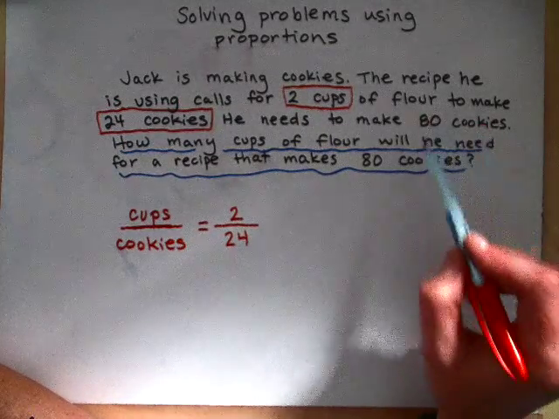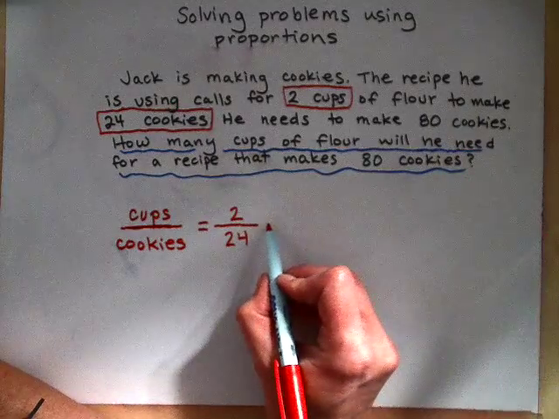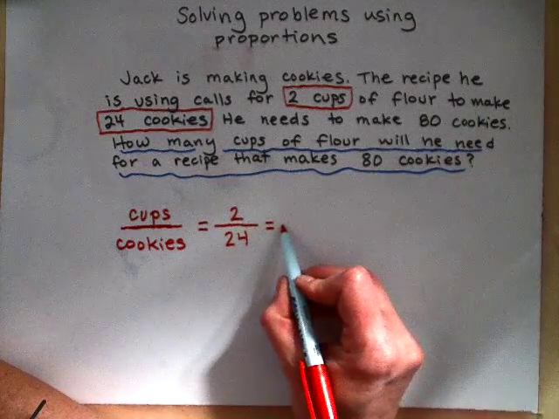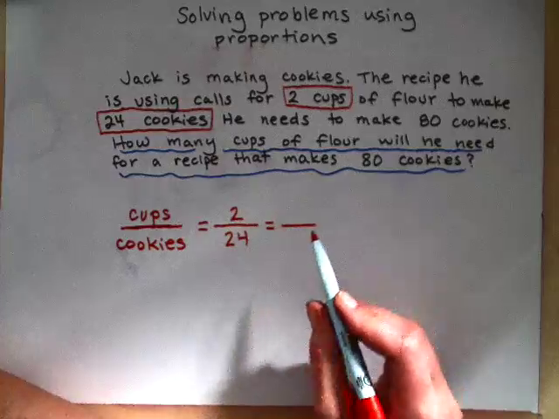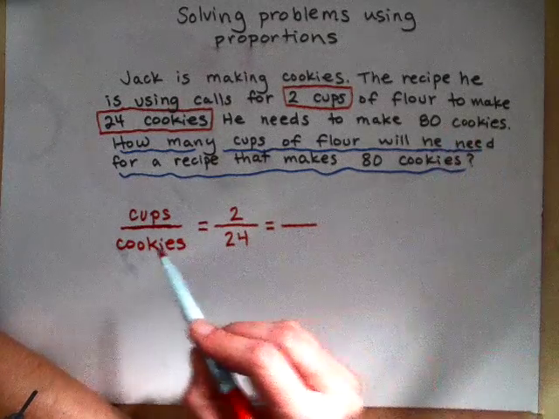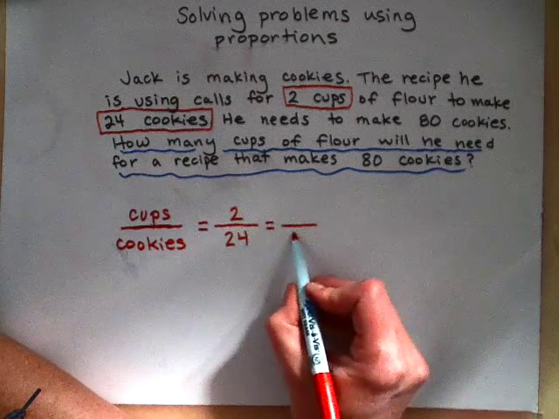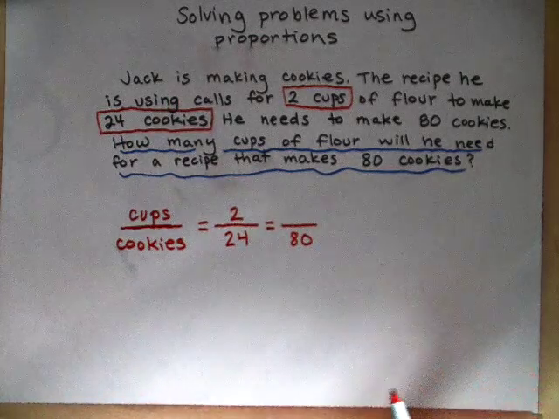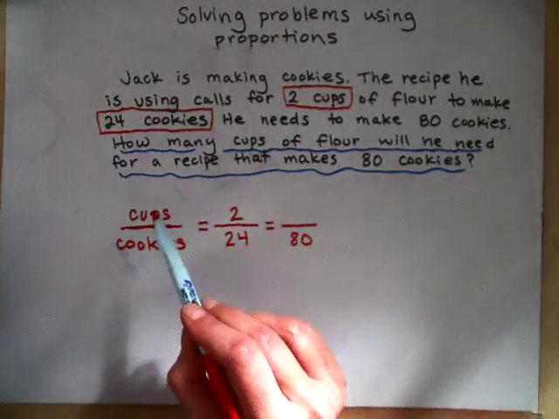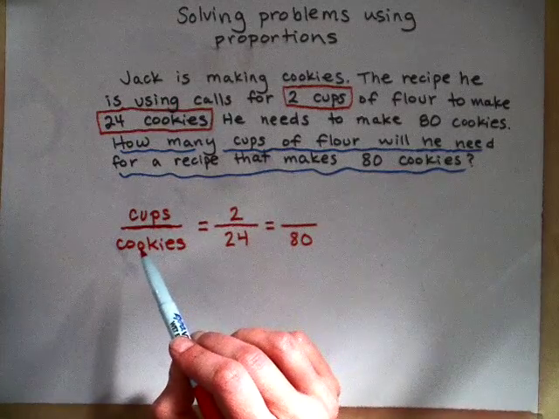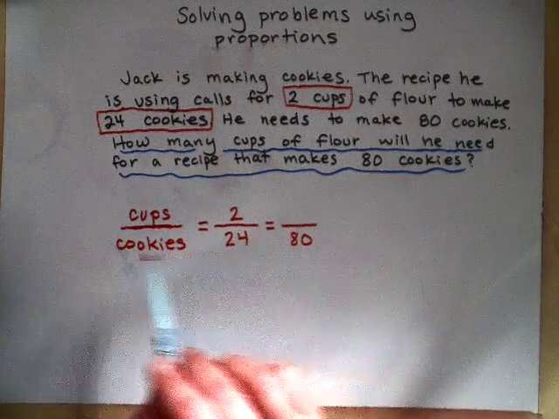Now, in order to figure out how many I need for 80, set up the part of the proportion that I know. I need 80 cookies, so 80 will go along the line with cookies. So 80 goes down here. You're taking the information and matching it up with what it goes with.